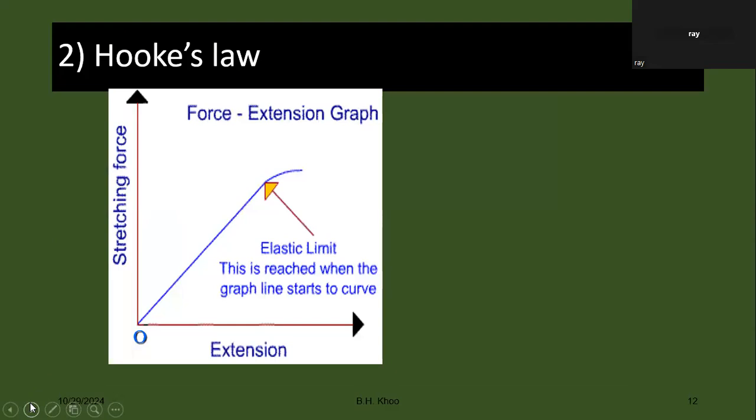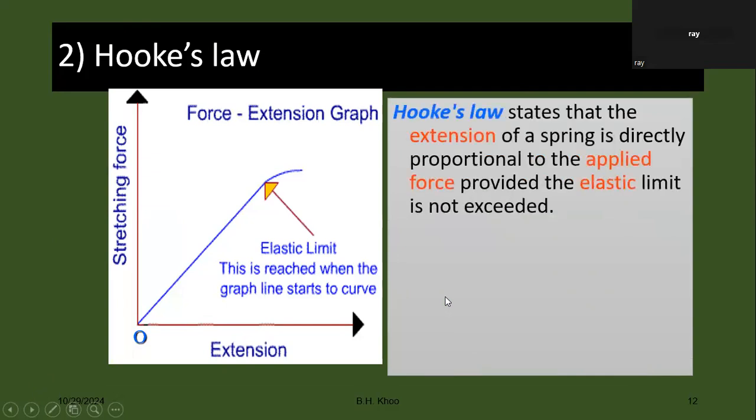Hooke's law. There's a stretching force. That's the extension. Hooke's law states that the extension of a spring is directly proportional to the applied force, provided the elastic limit is not exceeded. There's a point called elastic limit.